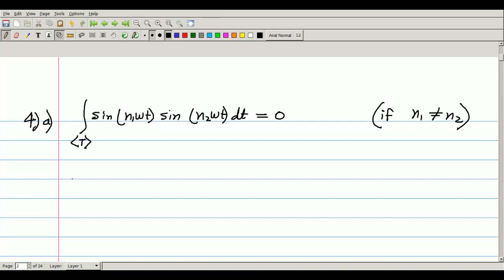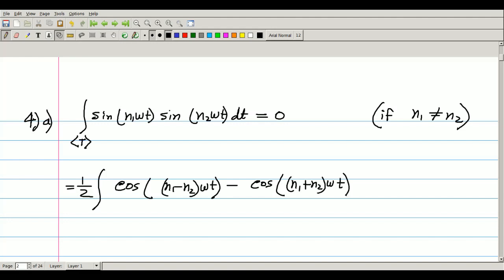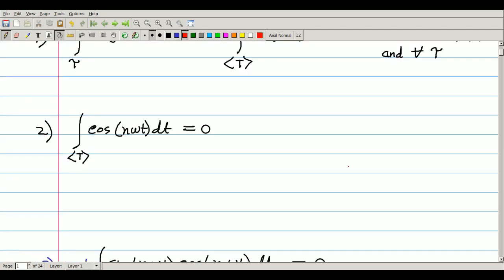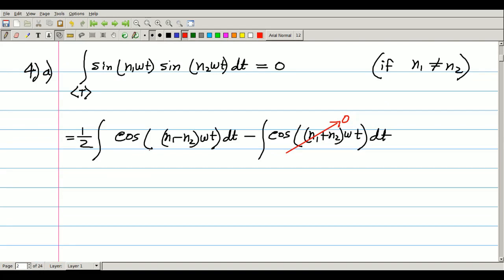You can prove it in the same way by taking half common, then you have 2 sine A sine B, that means it will be cosine A minus B minus cosine A plus B. Now if you integrate these two terms separately, then this term will give us 0 by virtue of this fact number 2, and this term will also give us 0 provided n1 minus n2 is not 0.